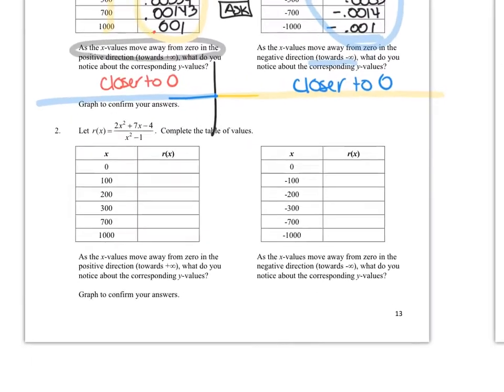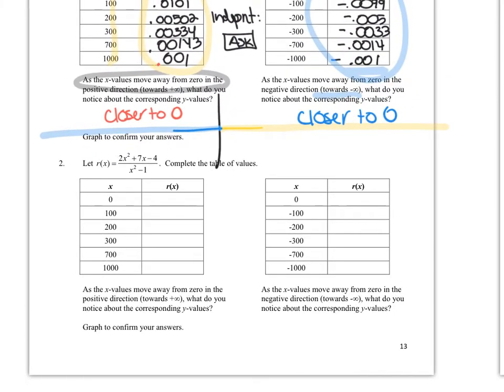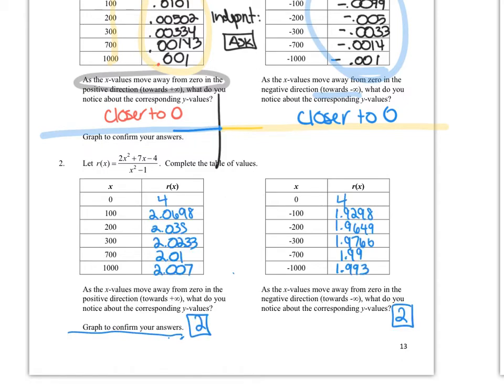I want you to go ahead and do number 2. Look at your table of values and answer those same questions, and make sure you look at your graph to compare your answers to see if that's actually what's happening. Notice as x gets really big, your y value is getting closer and closer to the number 2.